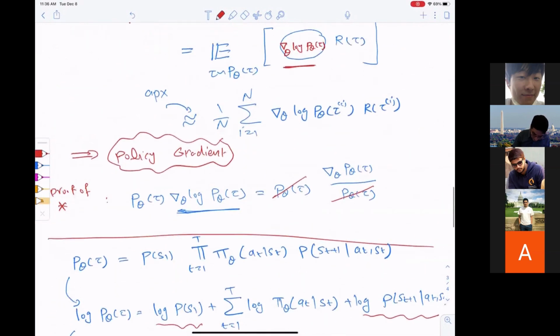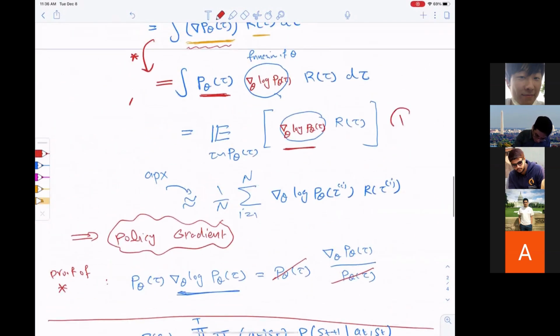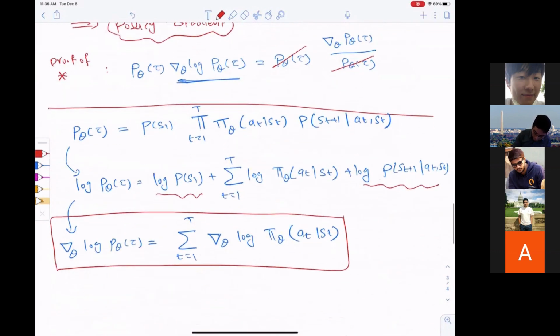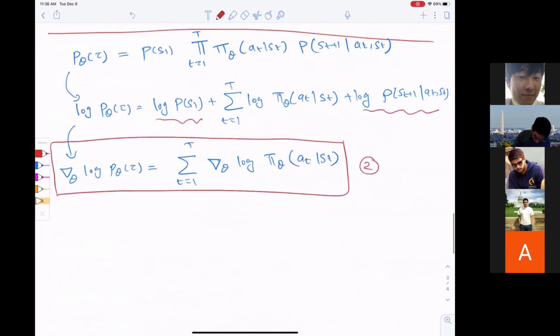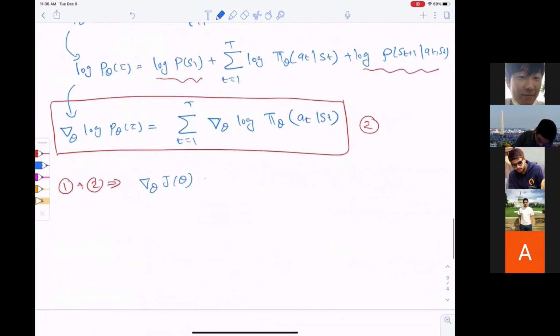So therefore, let's call this 1. Now I have an easier formula for the gradient of the log of P sub theta, using 2. Then if I use 1 and 2 together, I have this really nice formula for the gradient of my average reward function, which is an expectation over tau. I generate samples. So the first term is the gradient of log pi theta, which will be according to this formula.